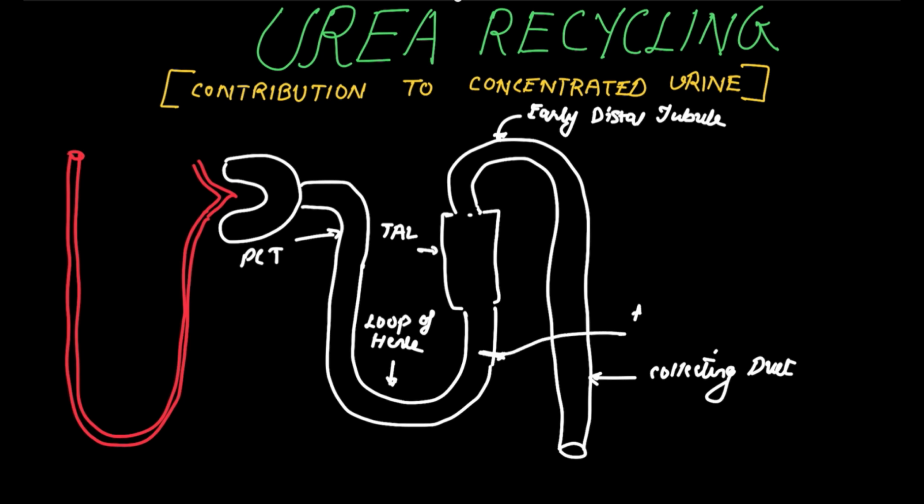So there is a thin ascending limb, and the thin ascending limb also acts as a functional unit. We have seen that the thin descending limb and the thick ascending limb play a role in the countercurrent processes, while the thin ascending limb has a role in the handling of urea.